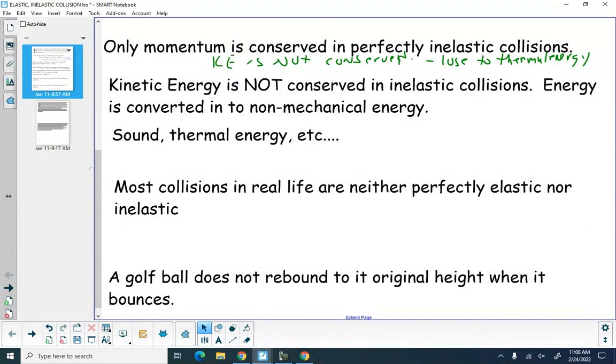Most collisions in real life are neither perfectly elastic nor perfectly inelastic.